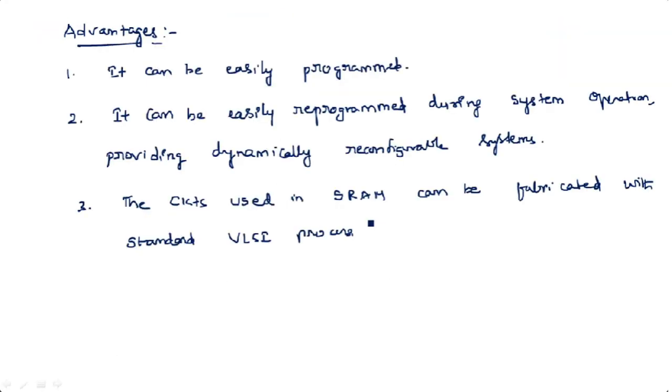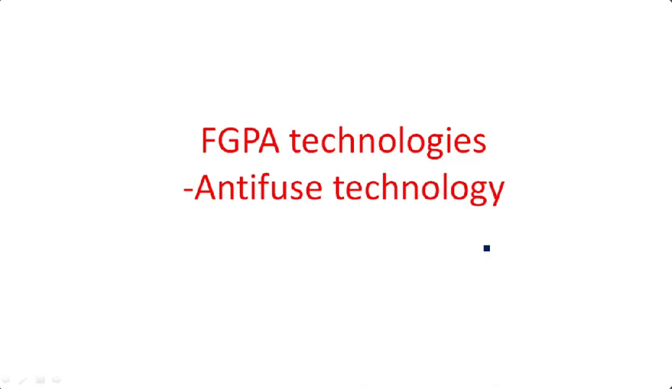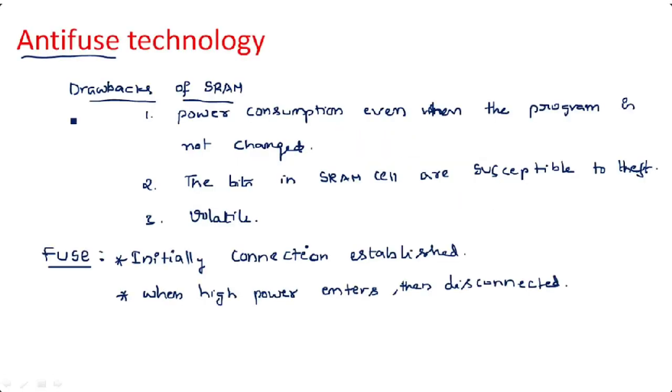SRAM-based FPGA, and FPGA anti-fuse technology, what does it mean? There are drawbacks of SRAM. What are the drawbacks? Power consumption even when the program is not changing.